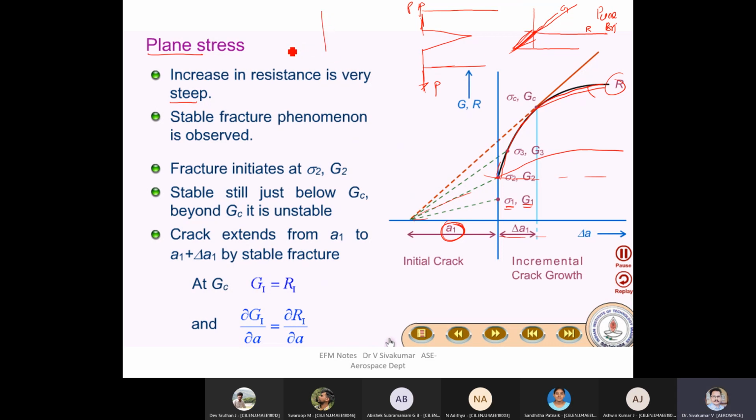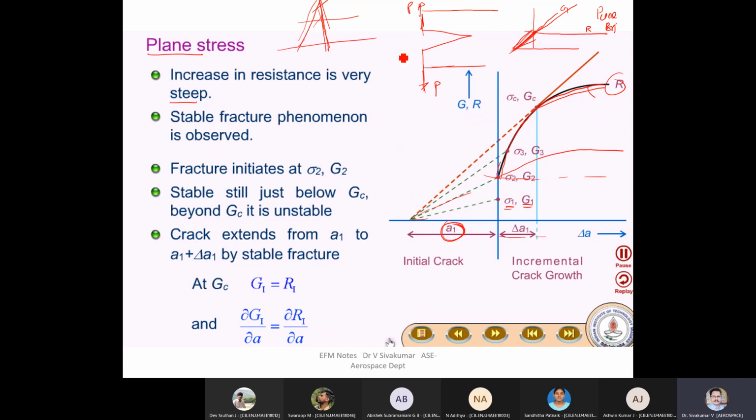Whatever sigma I increase, definitely it touches, because after that this is my R. My R increases, which means a failure will come, obviously. This is my R line.